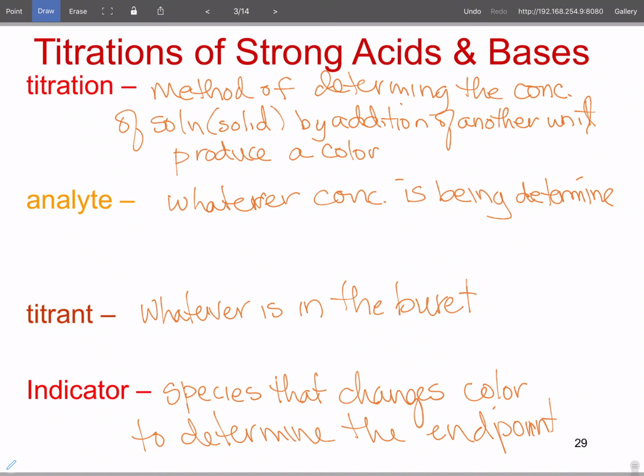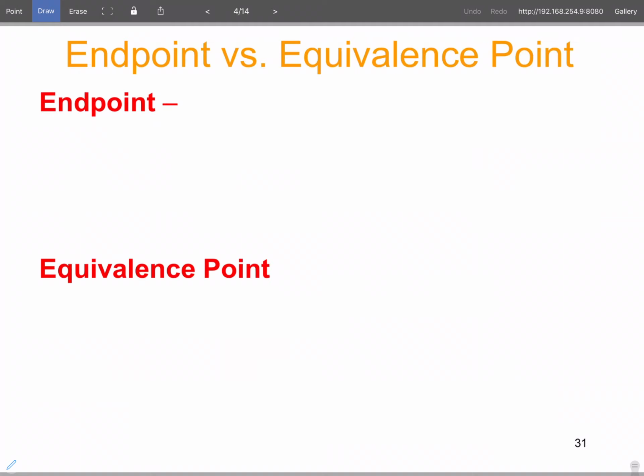As I said, with titrations, you've done these. It's relatively simple. The question is what's the endpoint? That is where there is a physical change. That means the reaction has taken place. And this is usually with an indicator.